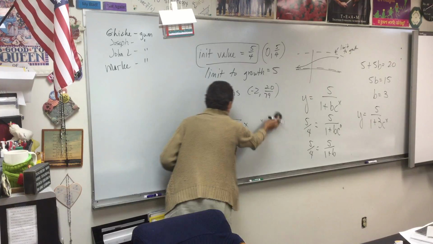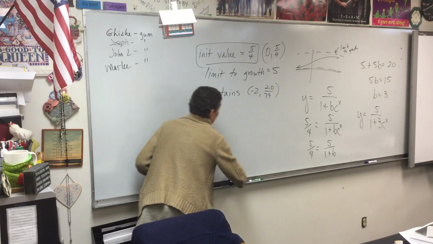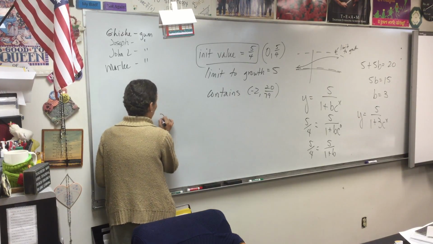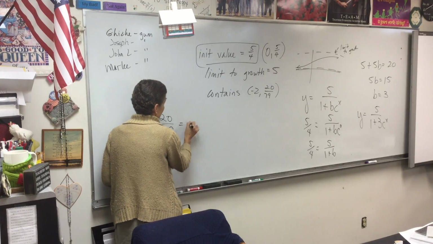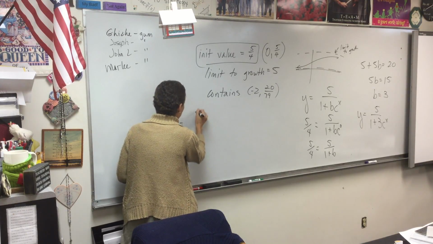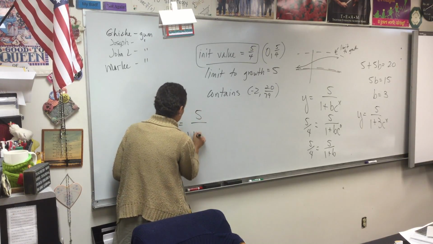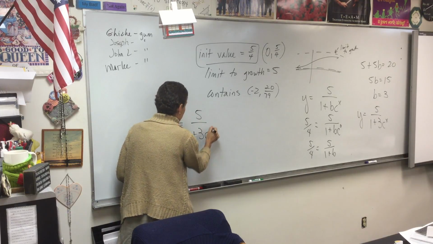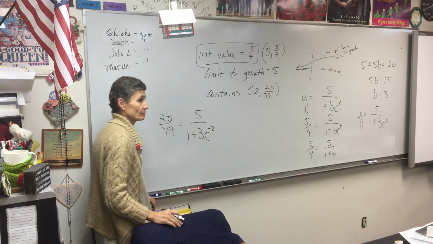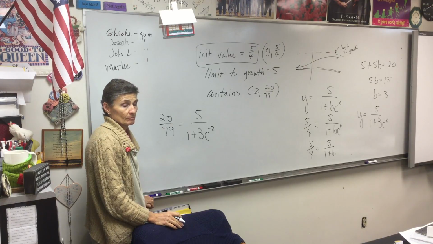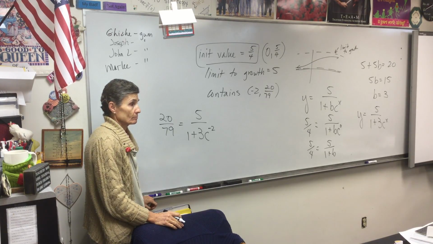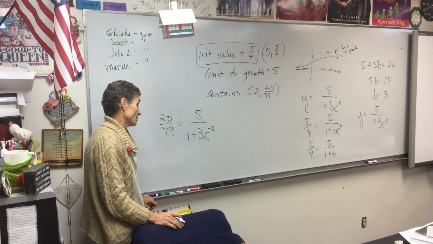So what's that gonna look like? 20/79 equals 5 over 1 plus 3 c to the negative second? Yeah. Okay, now what?